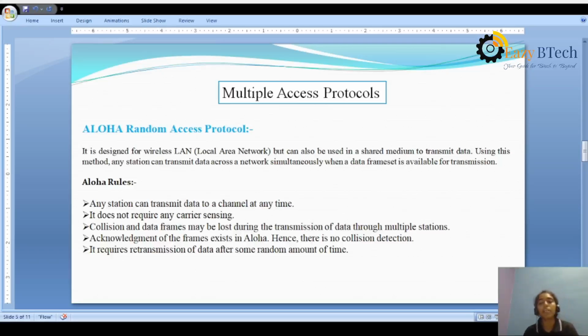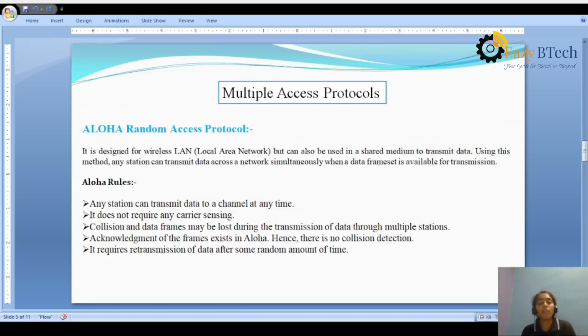It does not require any carrier sensing. Carrier sense means before transmitting data, you have to sense the channel and check its state, whether it is idle or busy. We will discuss carrier sensing and CSMA in later videos.